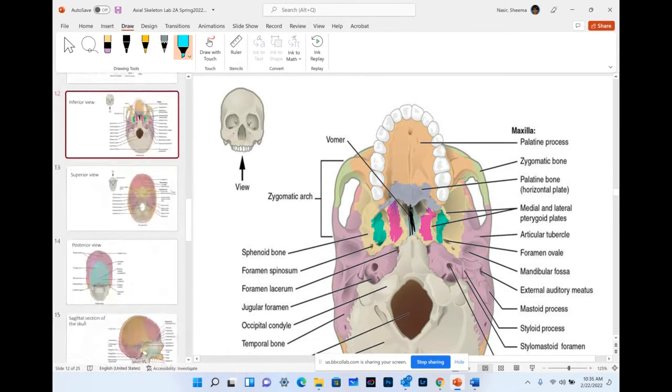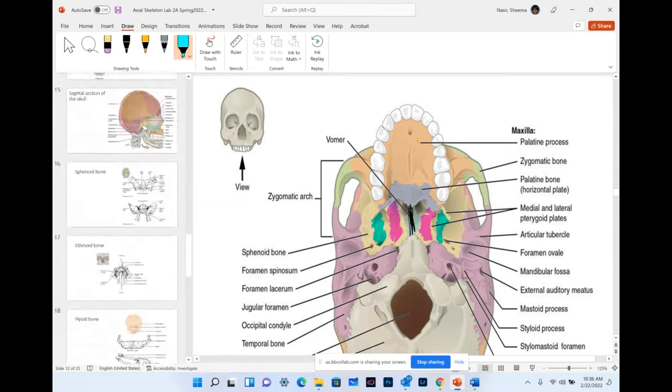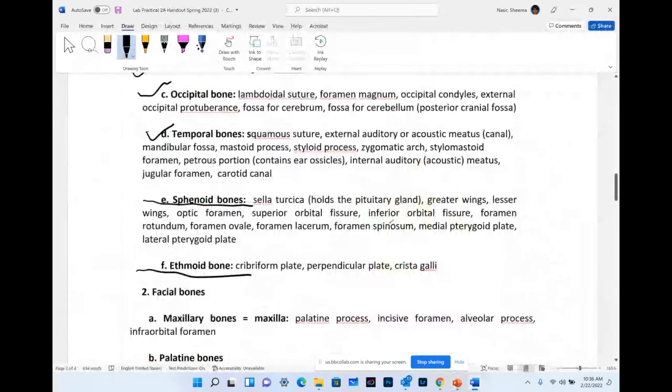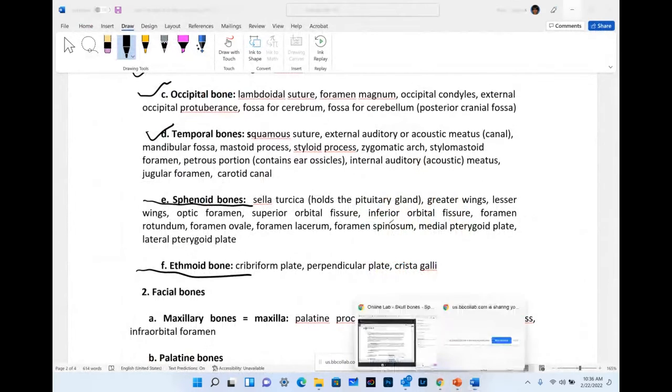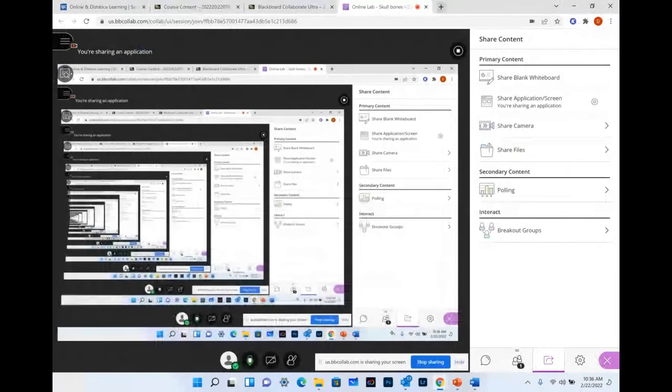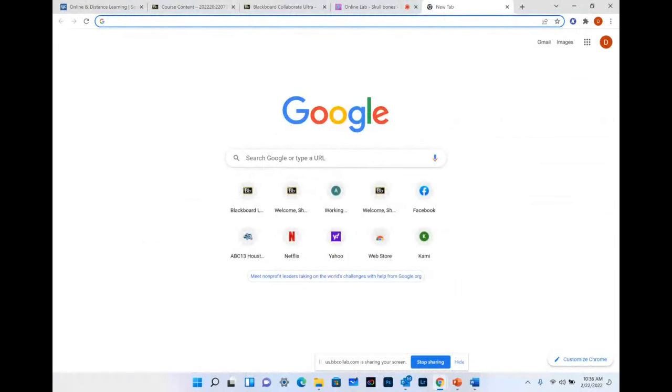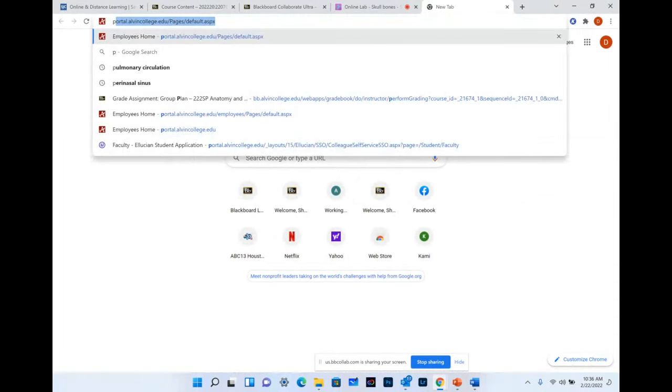Now, let us look at another photograph as well. So I am going to go to Google and do pterygoid plates.